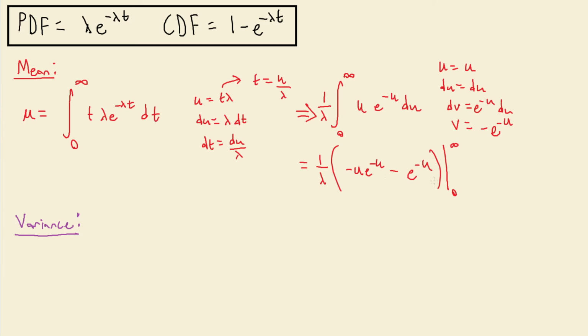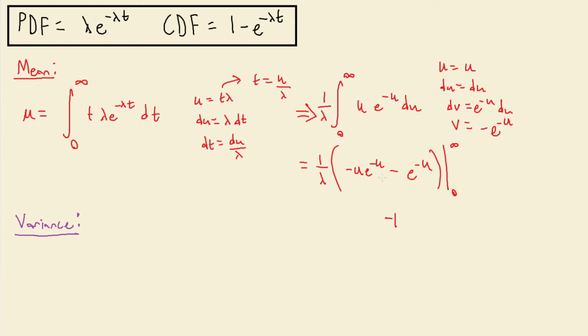If I evaluate this at 0, what am I going to get? No, wait. If I evaluate this at 0, then this is going to go to 0, and then this is going to go to negative 1. Right? Yes. And so if I evaluate this at 0, it's going to be negative 1.